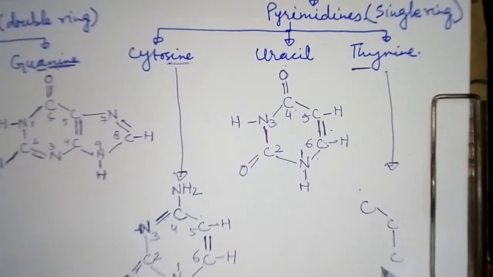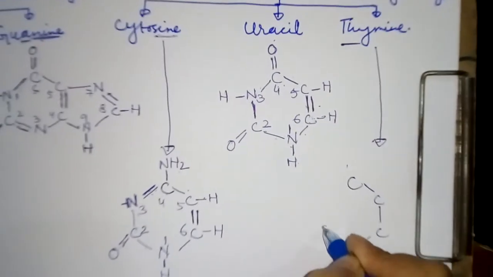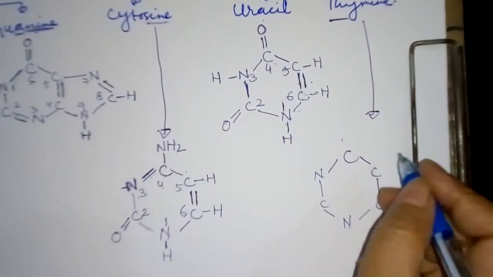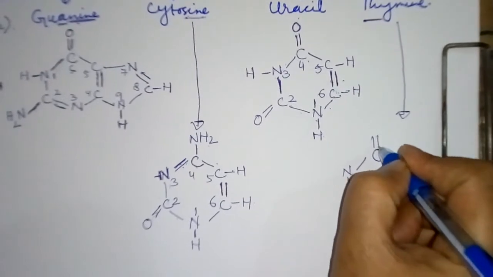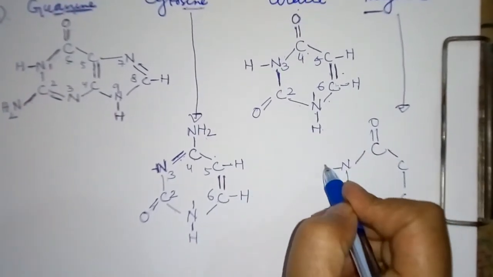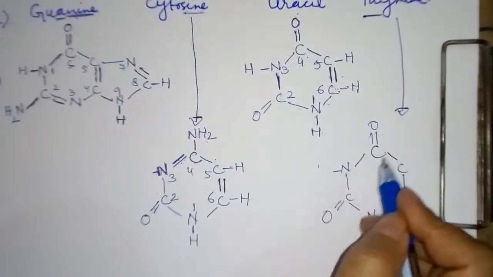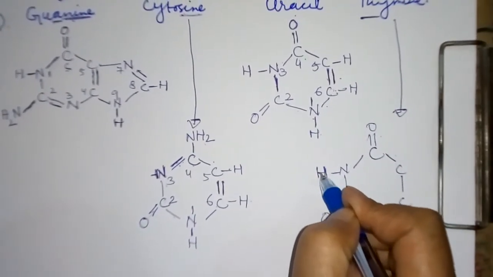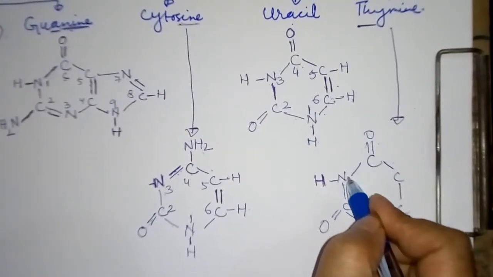C, C, N, C, N. So this is a single ring structure, double bond O, C double bond O, like uracil. Then 1, 2, 3 and 4, its valency is satisfied, so I will write one hydrogen with this nitrogen.